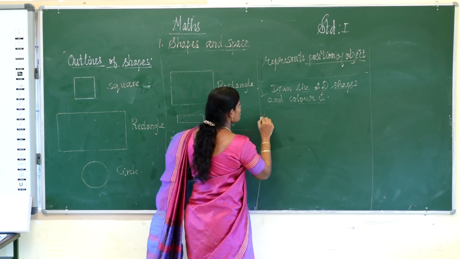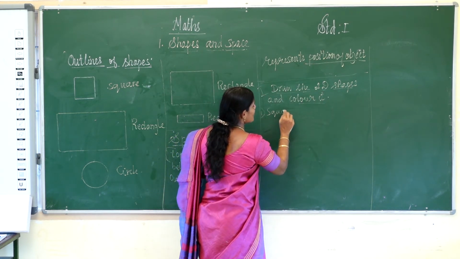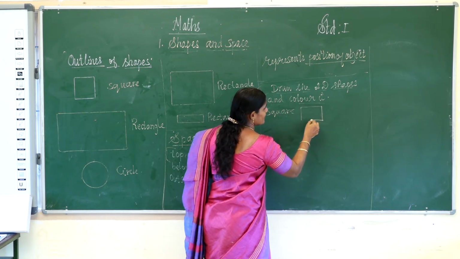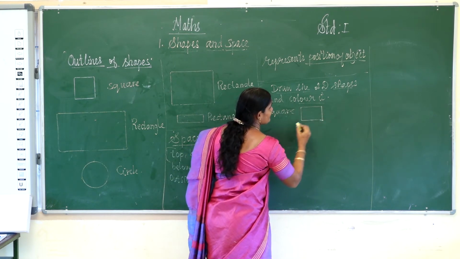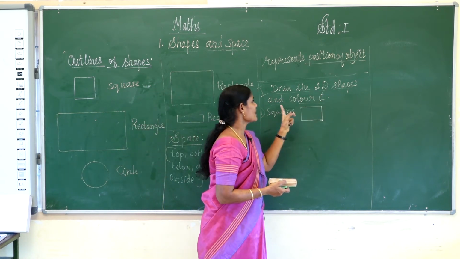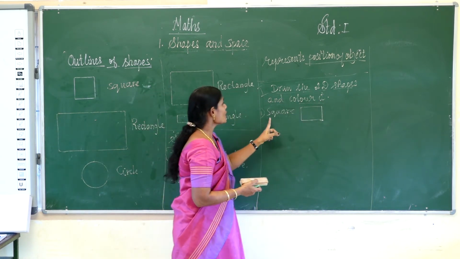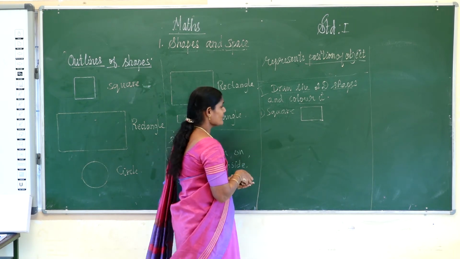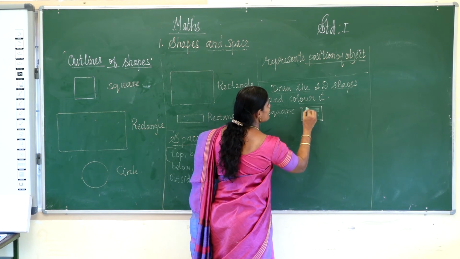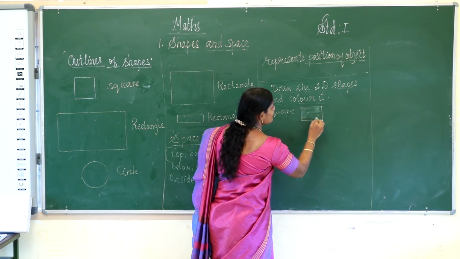First one, square. Square is the first one. This is the square. What is given? Draw the 2D shapes and color it. So you write square, then draw square. After that you color it using a sketch or pencil or crayons.